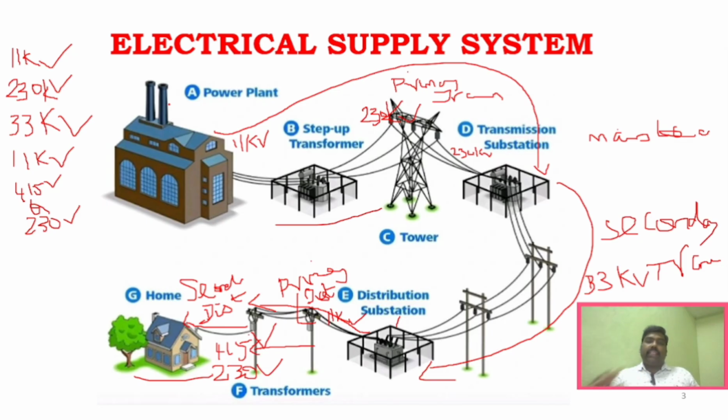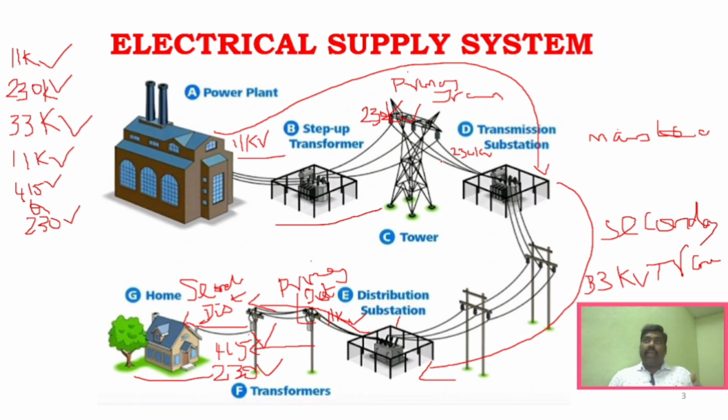And here you will understand the lines which we use. For primary transmission, and even till the substation, you will use mostly overhead cables. Overhead cables are nothing but the lines which carry this 230 kilovolt, right?